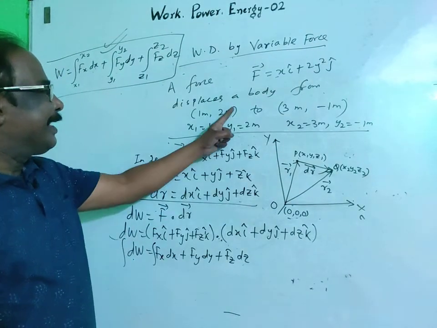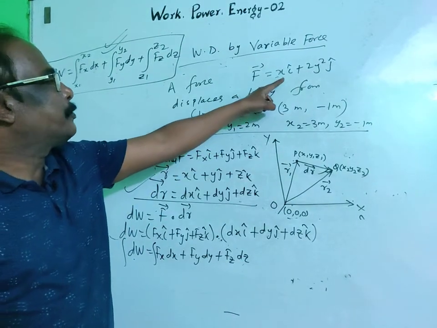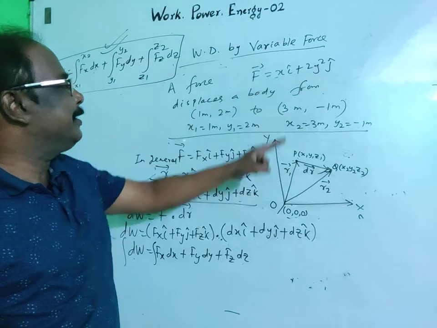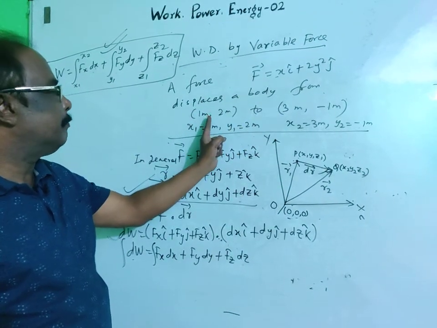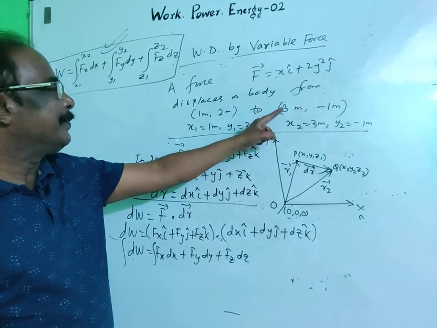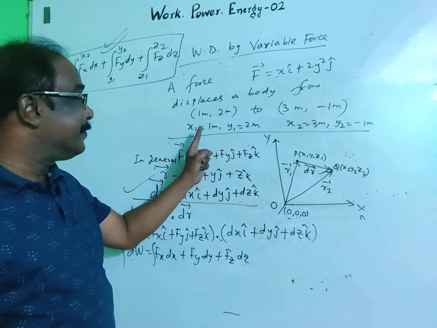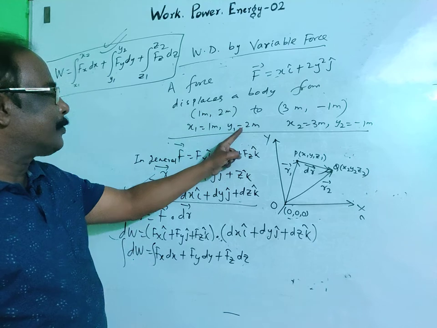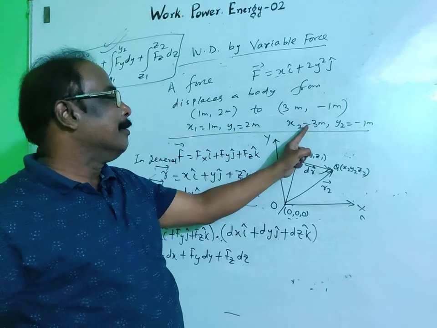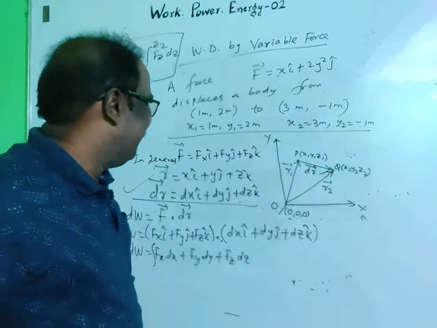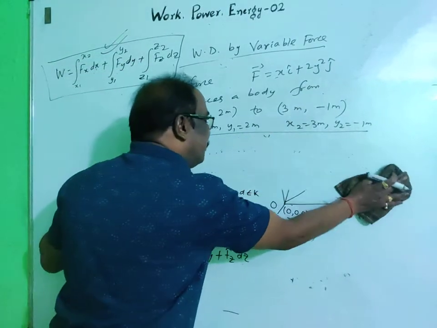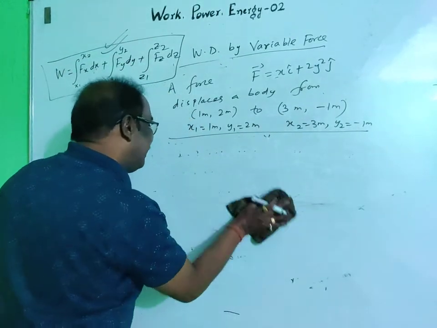Okay. Then come to the question. The expression for force is given, and two positions; the body is displaced from this position to this position, and accordingly the position vectors are x1 I cap plus y1 j cap, and here the position vector is x2 I cap plus y2 j cap. Then we will use this formula in a very simple way.